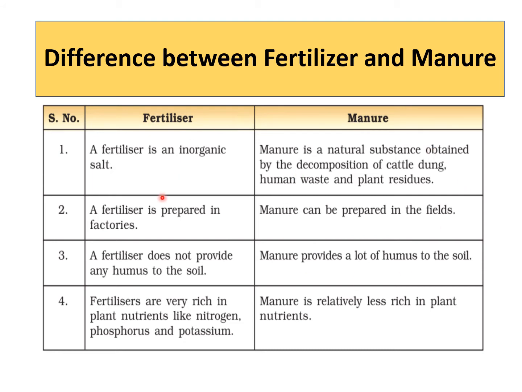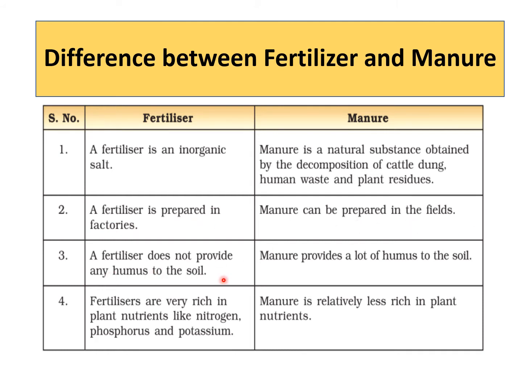So understand completely. Fertilizer is an inorganic salt, right? Whereas manure is a natural substance which is obtained by the decomposition of cattle dung, human waste and plant residues. So it is a natural substance, and fertilizer is a chemical, an inorganic salt, right? Fertilizers are generally prepared in factories, whereas manure can be prepared in the fields.